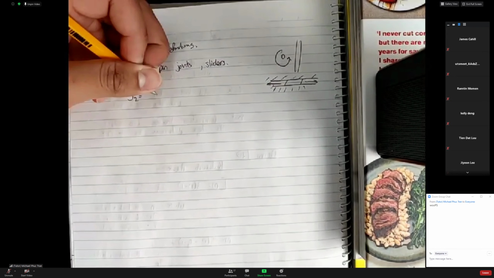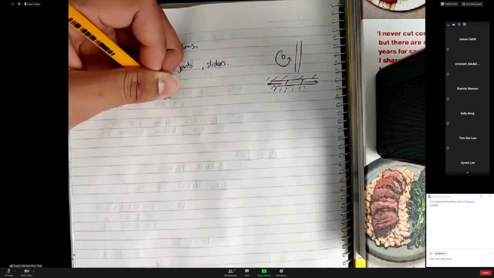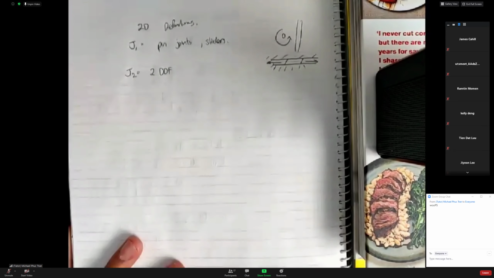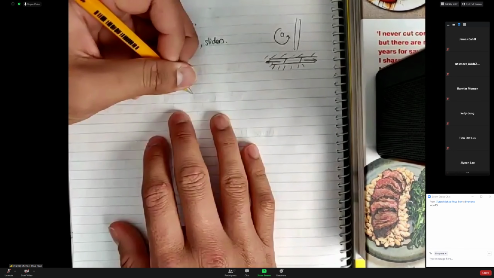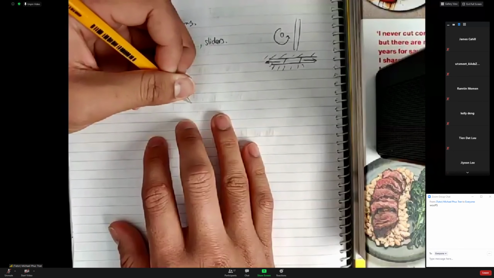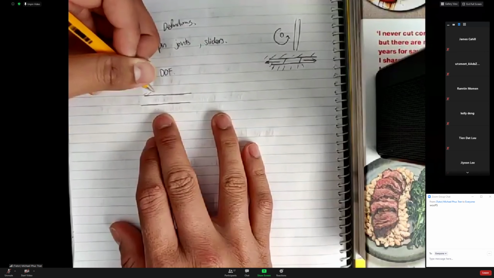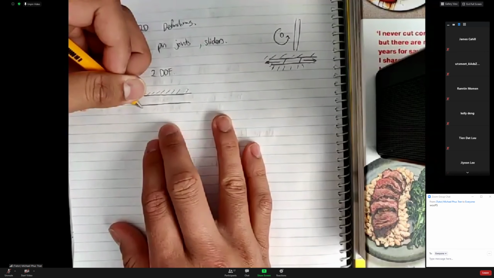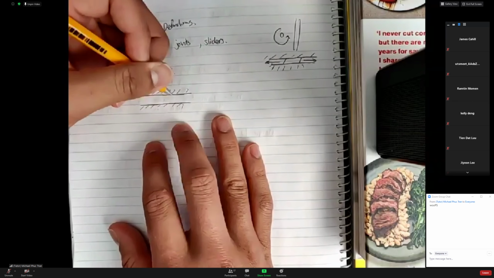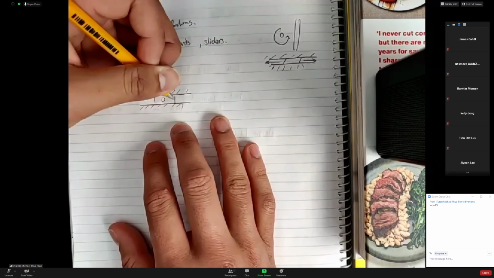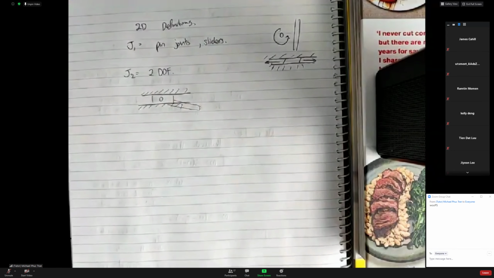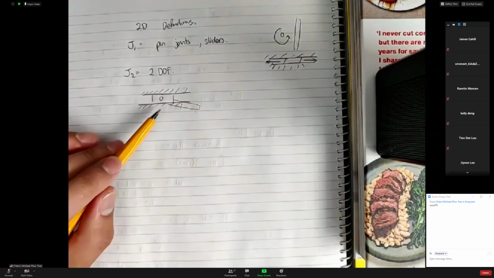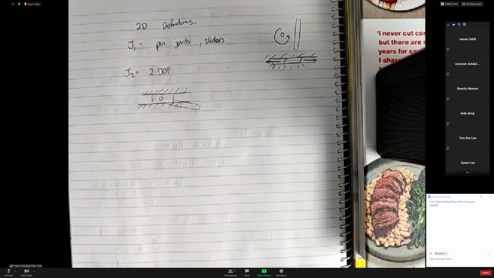J2, or 2 DOF. So that could be a pin and a slider. You've got that pin there, which allows for rotation, and one for translation as well.